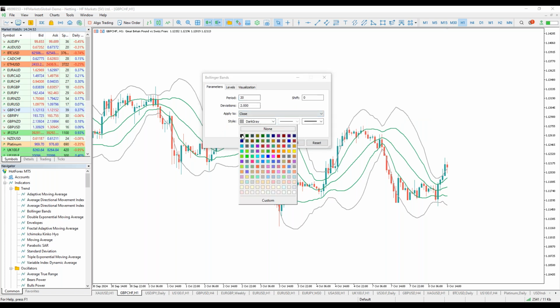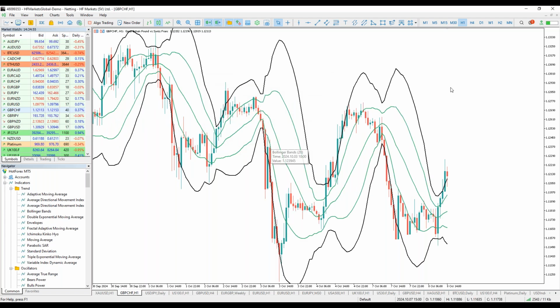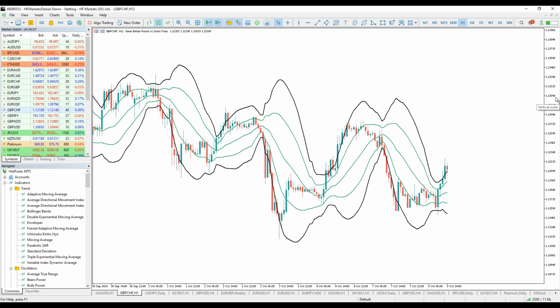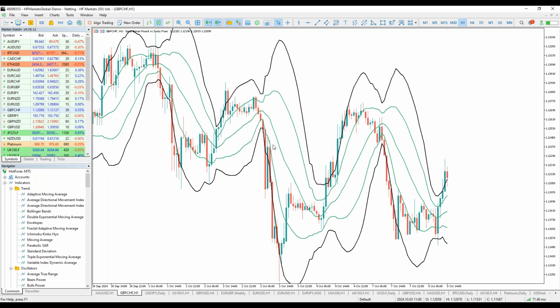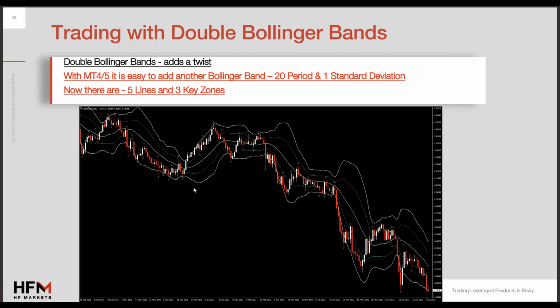I'm going to put it in black, I think, just so you can see it. Okay, and for the second Bollinger, which I have in green, we're going to use one standard deviation. I have already said it, okay, in green. So two standard deviations for the first.